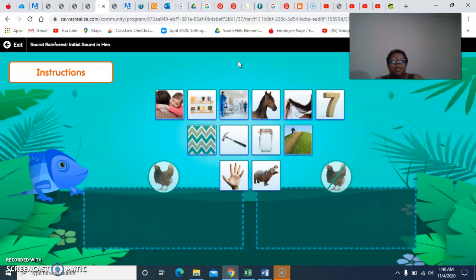Okay, so we have a hen, and then this one has a line through it, so it says no hen. So what they want us to do is to listen for the H sound like in hen, and if it doesn't have the H sound, we put those in this box.